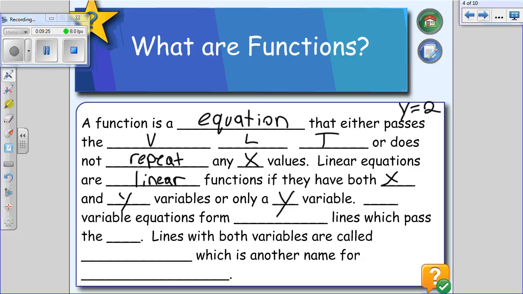If you drew that line, it's a horizontal line, which passes the vertical line test. If you did x equals 2, that's a straight up and down line, which would fail the vertical line test. So you need to have a y variable. It's a must-have.